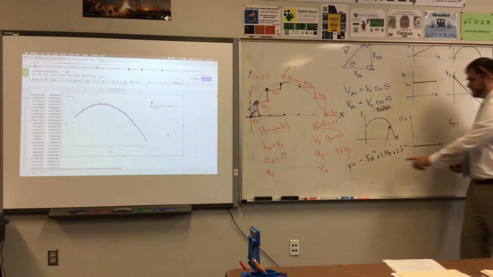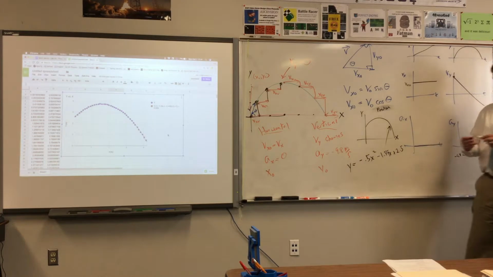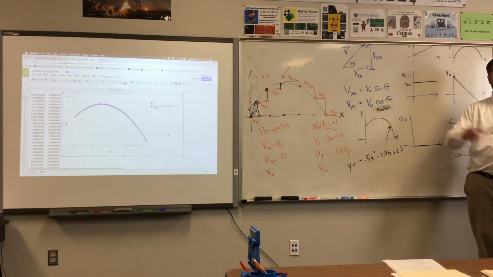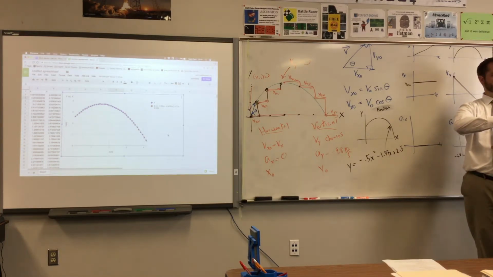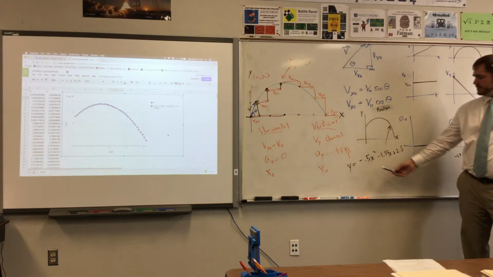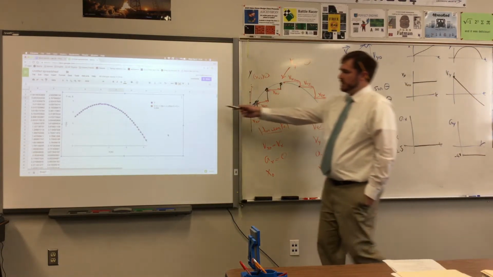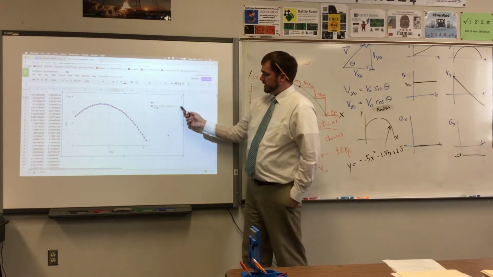Shouldn't we have relatively the same data? Yes. My equation's a lot different. Did you go all the way to the bounce? I saw right before. Okay. What's your leading coefficient? 5.57. Wait, what do you mean? I've rearranged this. The x squared part. Yeah, I put the x squared term first.